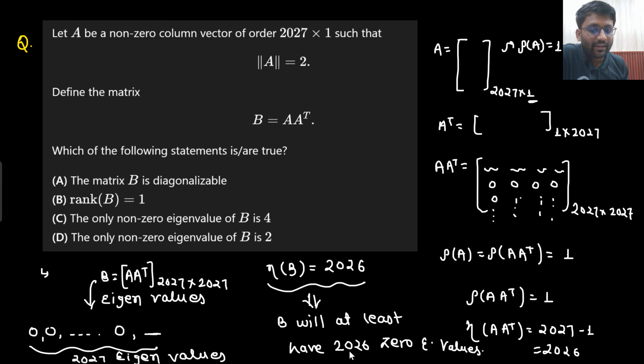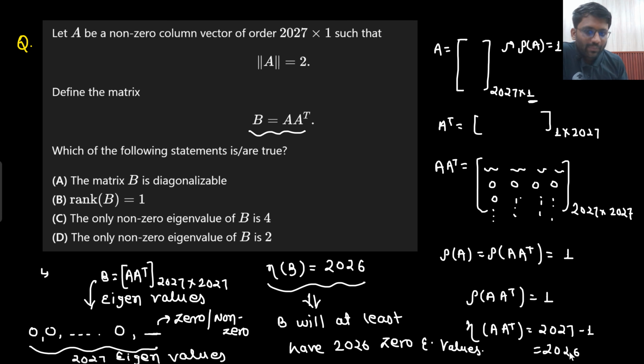Out of them at least 2026 will be 0. Now one eigenvalue could be 0 as well, or it could be non-zero. Now what will be that eigenvalue? That we need to think.